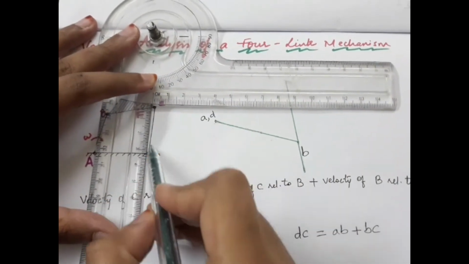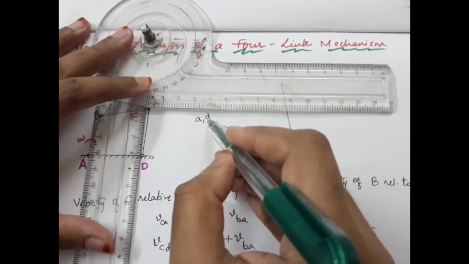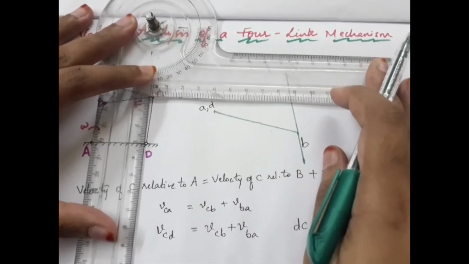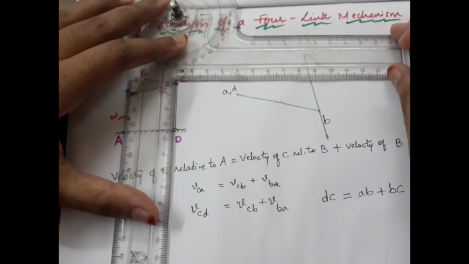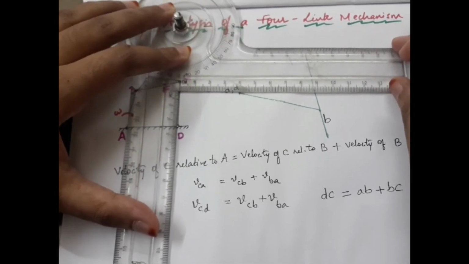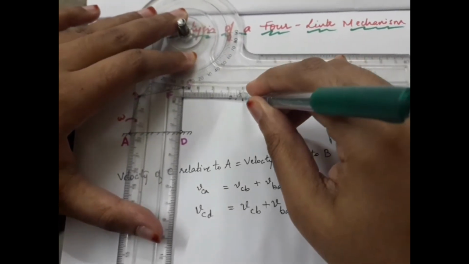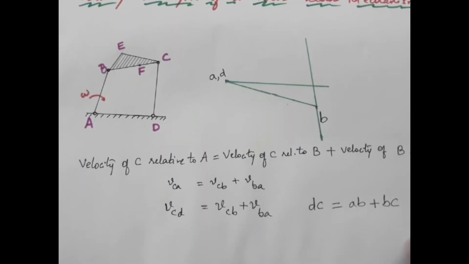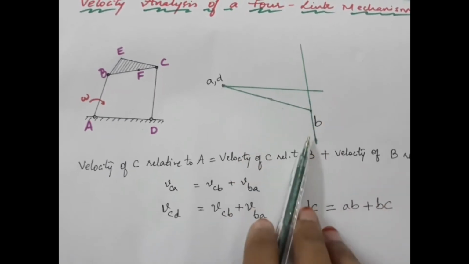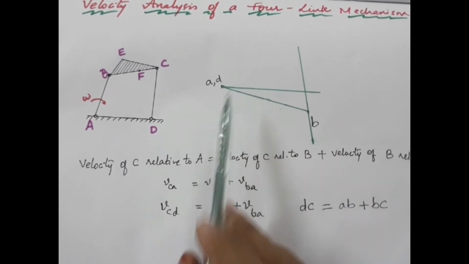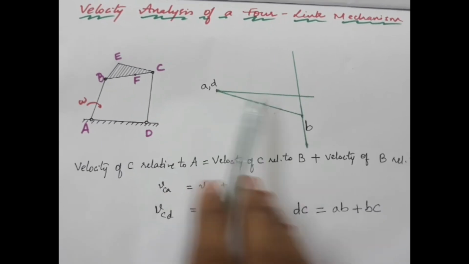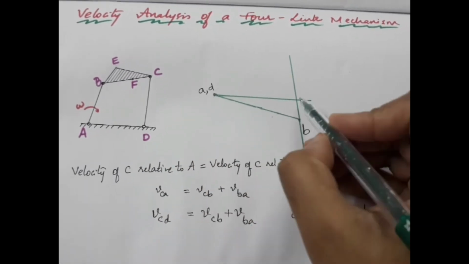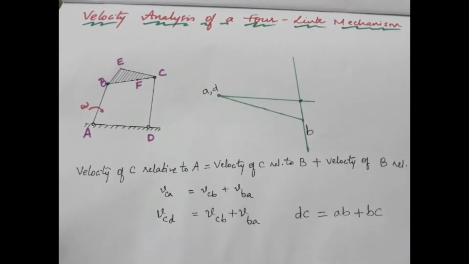Perpendicular to the CD link, I have to draw a line, a vector that is passing through D. So this is a vector that shows the relative velocity of BC. This is a vector that shows the relative velocity of C to D or D to C. So that means the intersection of these two vectors must be C.